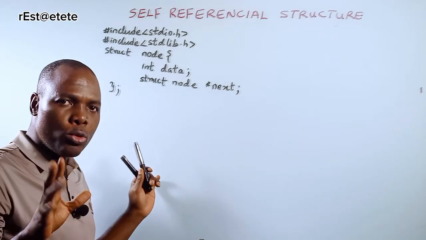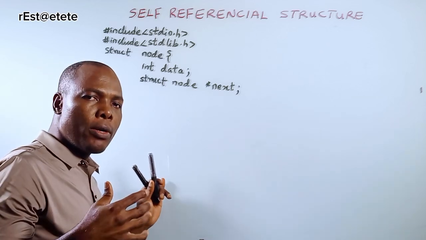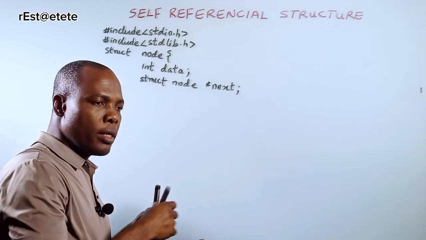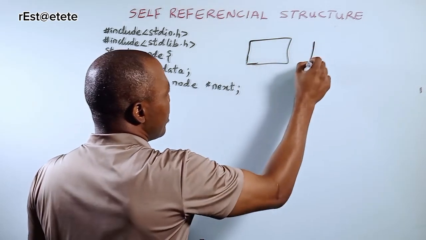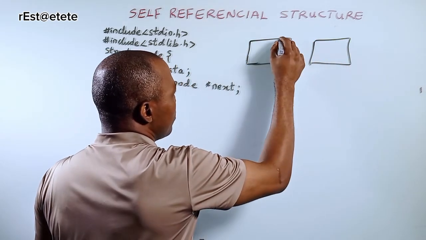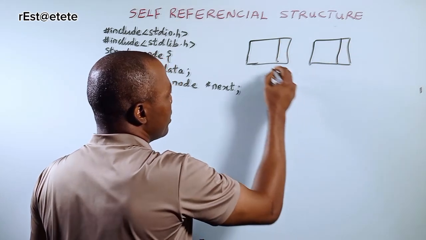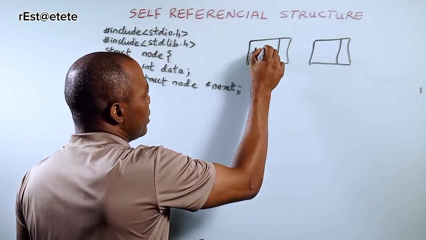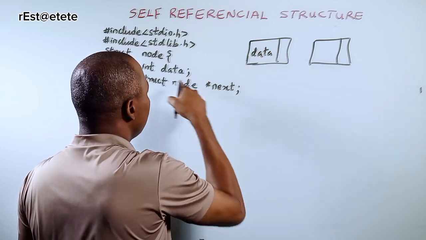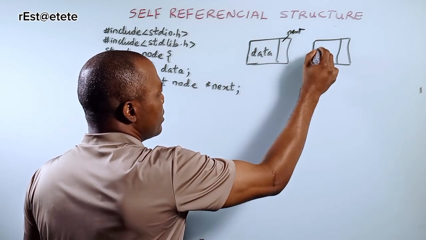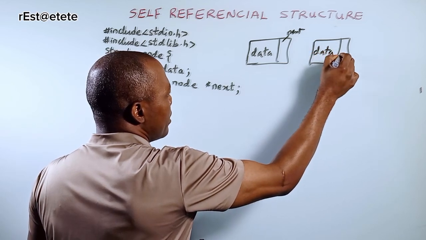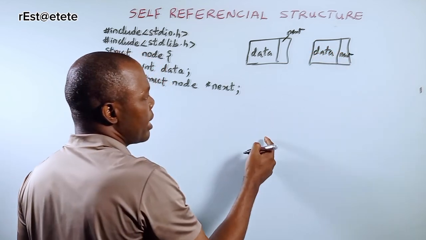What I'm trying to do is, let's say a train coach, right? So you have something like this, and then you have another one like this. Now this is data, and this next will be this one, right?